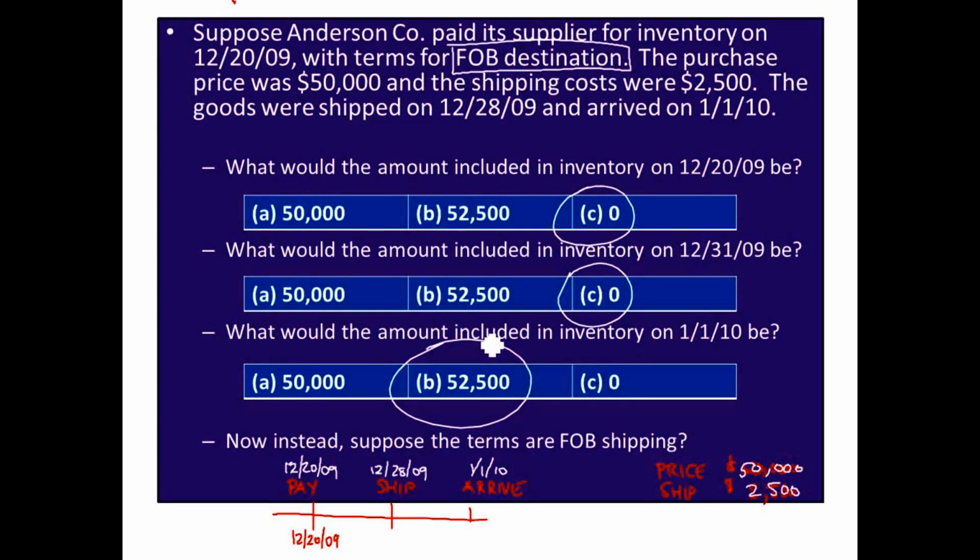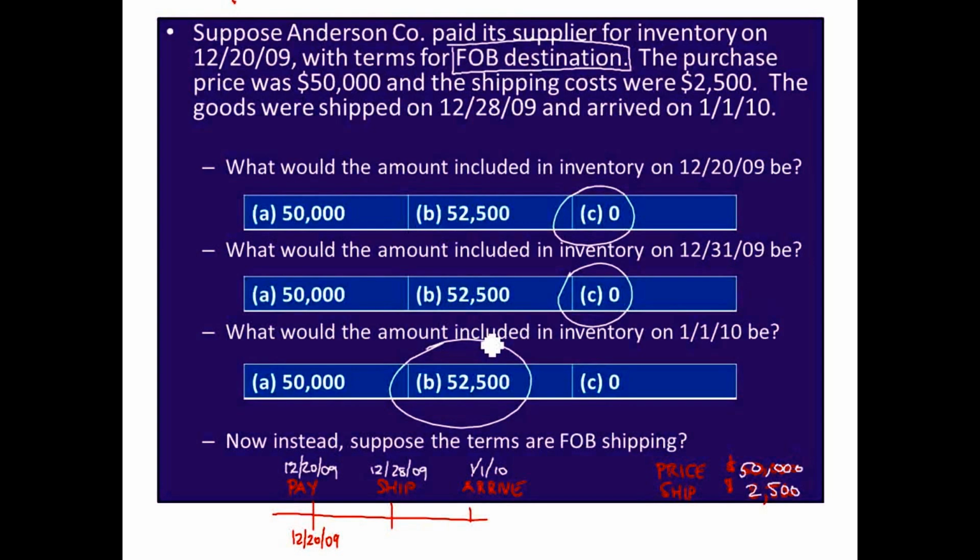Because when I close my books, I need to figure out whether any open orders are mine or not mine. And so if they're under terms FOB shipping, I need to find out whether they've been shipped. Okay, so it's true on the 28th, if I got some piece of paper or some invoice which said we've shipped the goods, I could record the entry then.